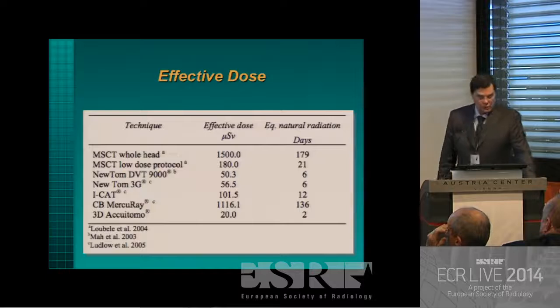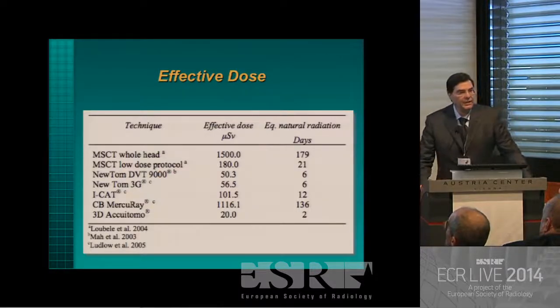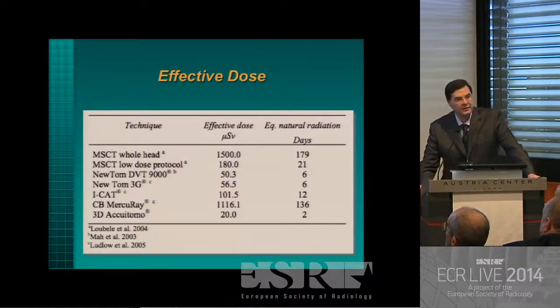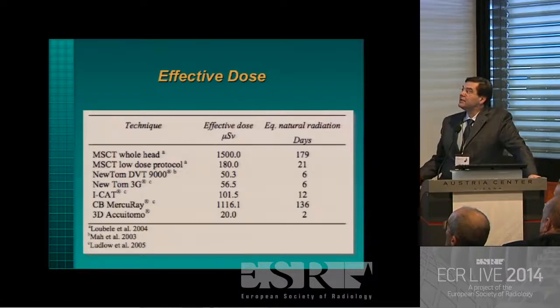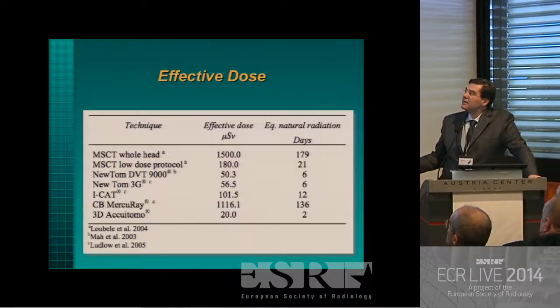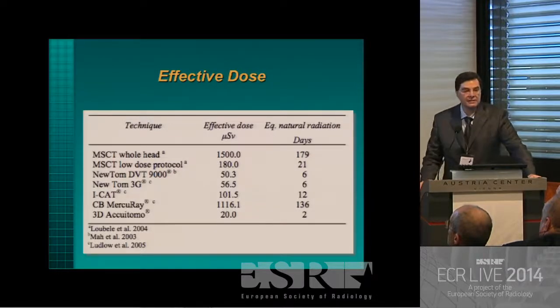What is the dose which you receive? There are some publications on this, and it is quite fiercely debated. In general, this is a very good overview. You see that a multi-slice CT has quite a high dose, but some of the cone beam CT devices also have doses which are similar to normal multi-slice CT.